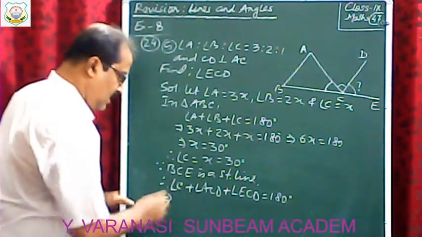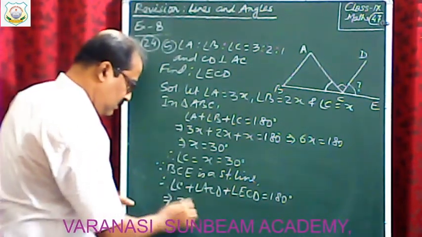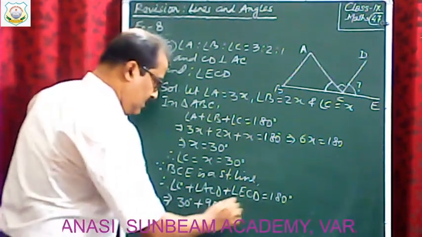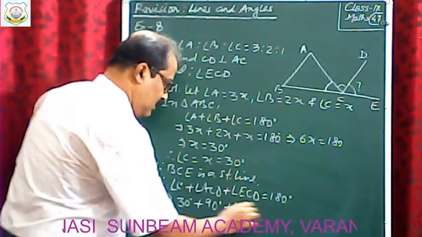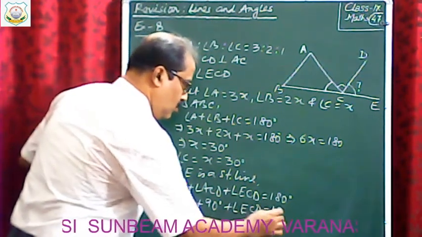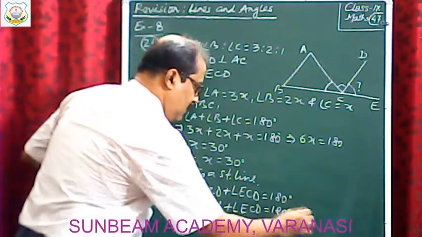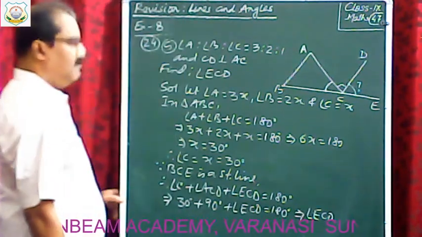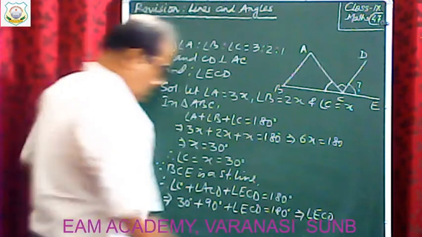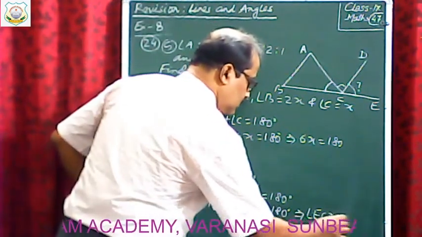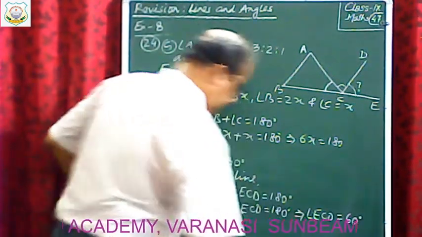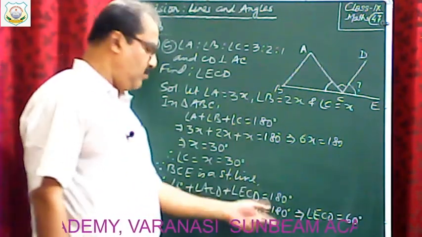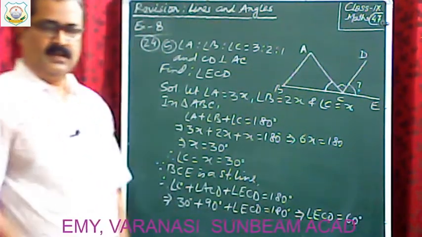Implies that 30 plus 90, ACD 90 given, plus angle ECD equal to 180 degrees, implies that angle ECD equal to 60 degrees. 90 plus 30 is 120. So 180 minus 120, 60.